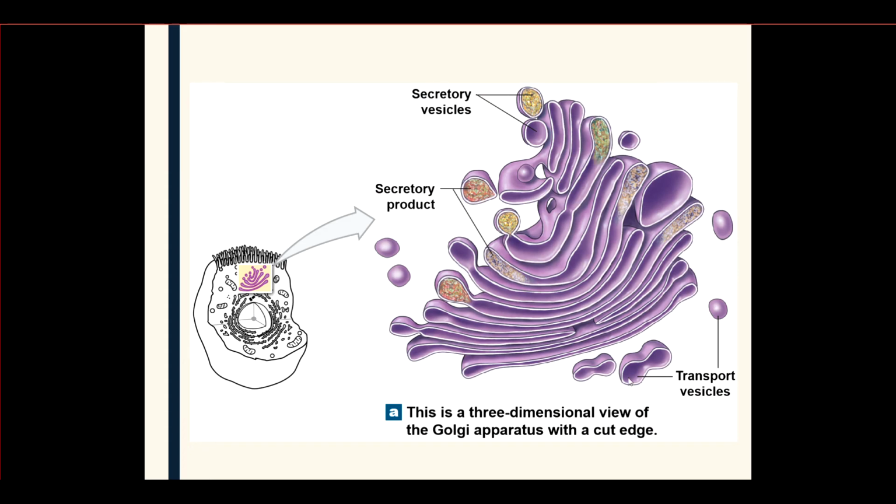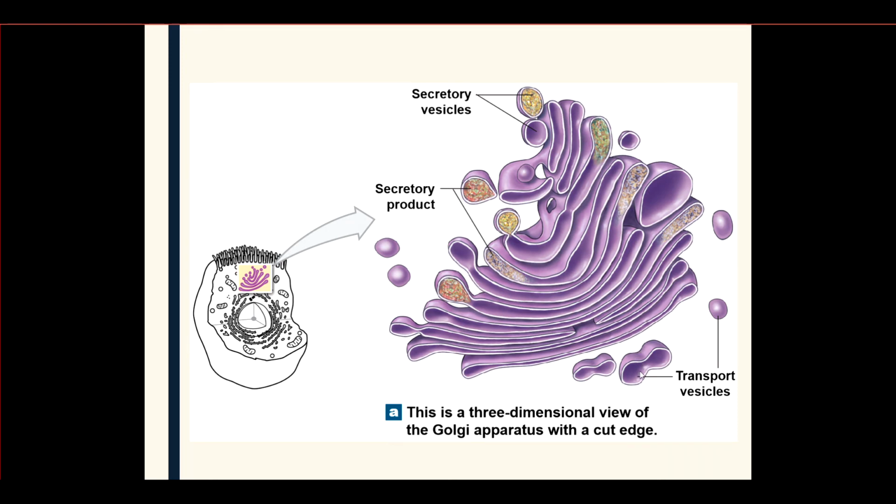So what do I mean by that? So watch this, guys. These little bubbles over here, these are the little trucks that were coming from the endoplasmic reticulum. They drive up and they fuse with this membrane over here. This would be called the forming phase.